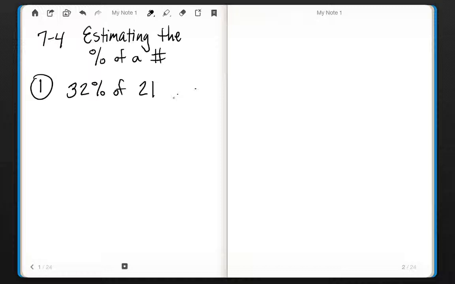I want you to set up a proportion and see what you get. Your percent proportion is is over of equals percent out of 100. Go ahead and solve it. See what 32% of 21 is.